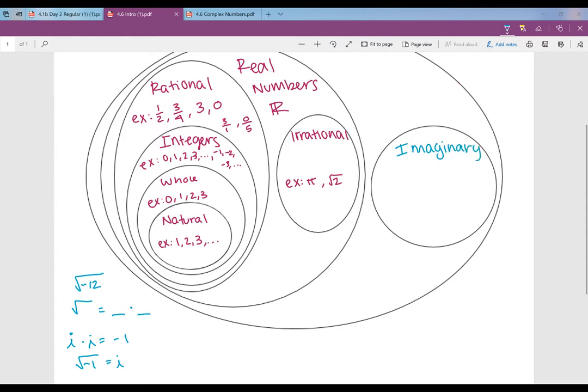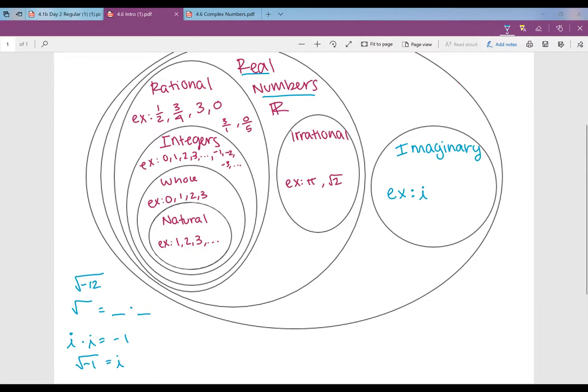Now, this isn't a very good name because it implies that i is not a real number. And while it's not included in these real numbers, it is a number that exists, right? Before, numbers like 1, 2, 3, 4, 5, all those numbers, didn't exist before humans started counting and using numbers. And in the same way, i is a number just like 1, 2, 3, 4, 5, 1/2, 3/2, pi.